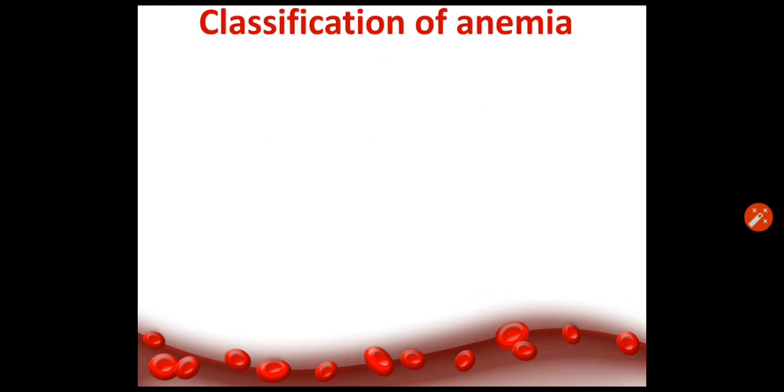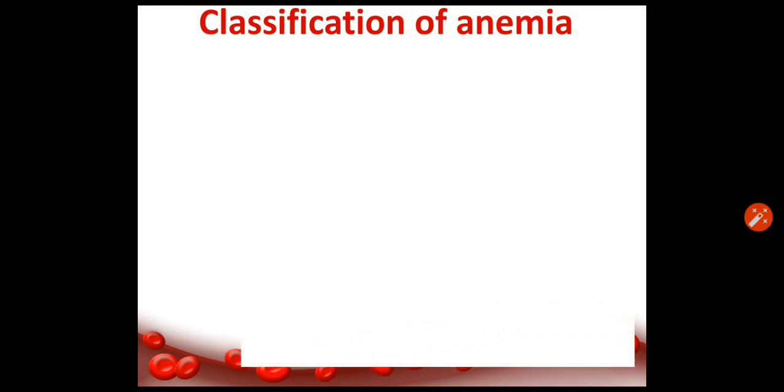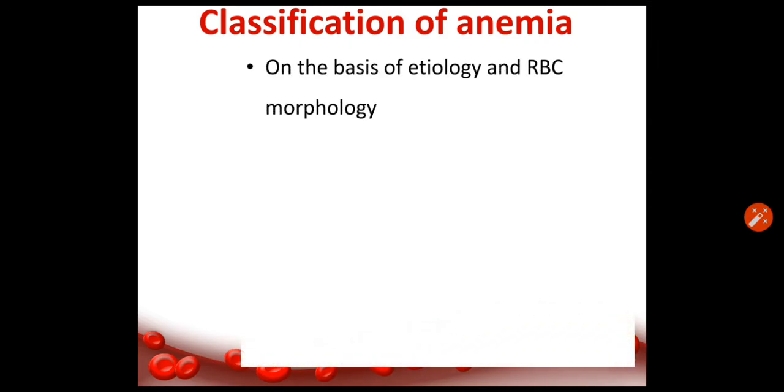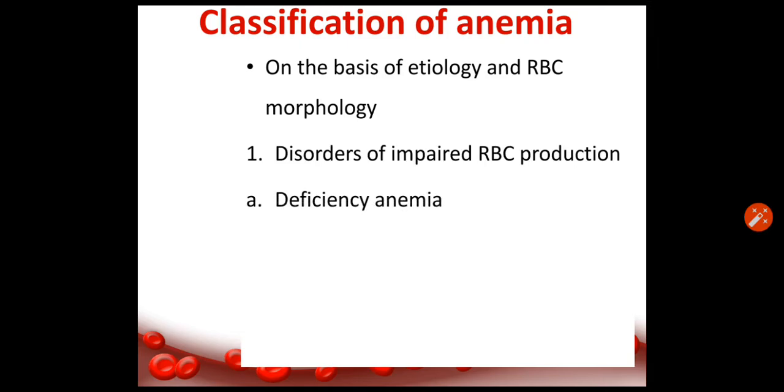Next we can see the classification of anemia. Various classifications are there in relation to anemia. The first classification we are discussing now is on the basis of etiology and RBC morphology. Based on the etiology, the first type is disorders of impaired RBC production.